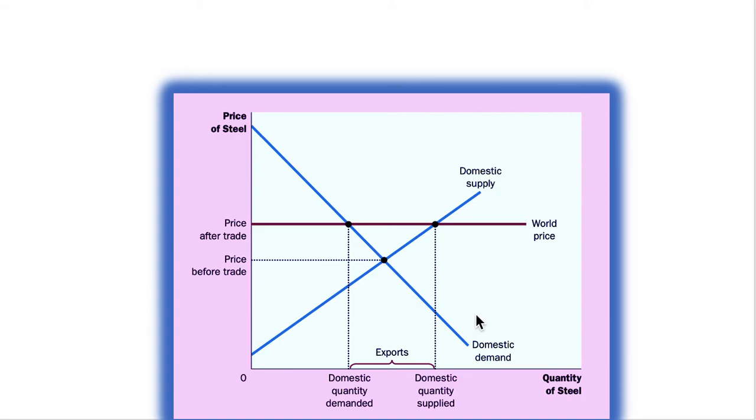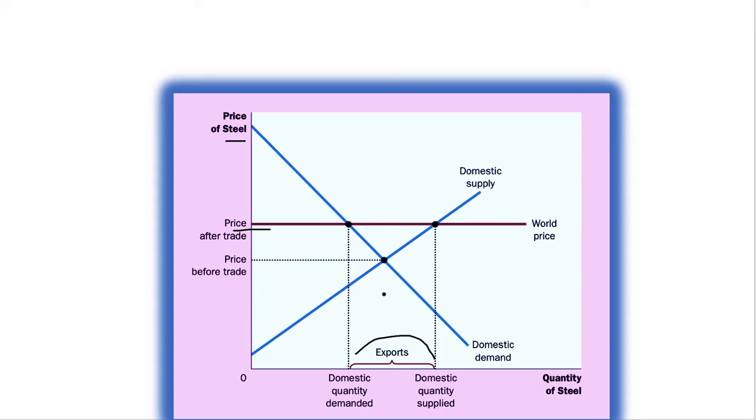For example, the world price of steel is higher than our domestic price. So if the world price is higher, then the price is this one, and because of that our domestic steel will be exported to the world, this portion.